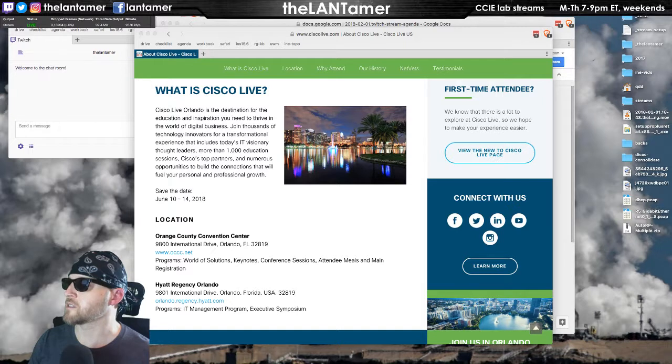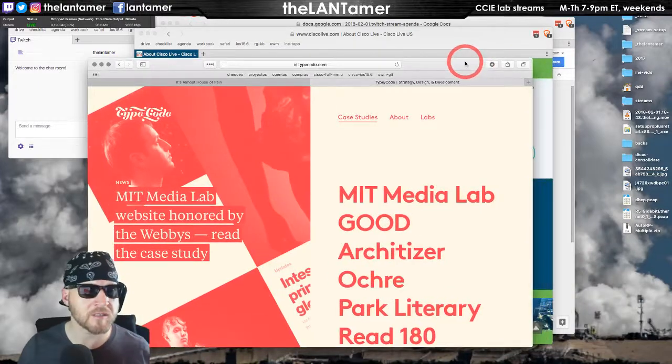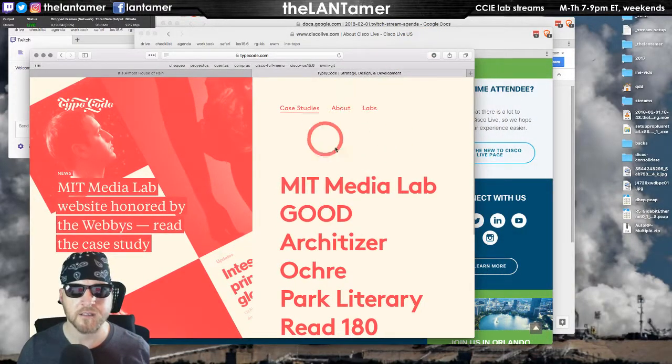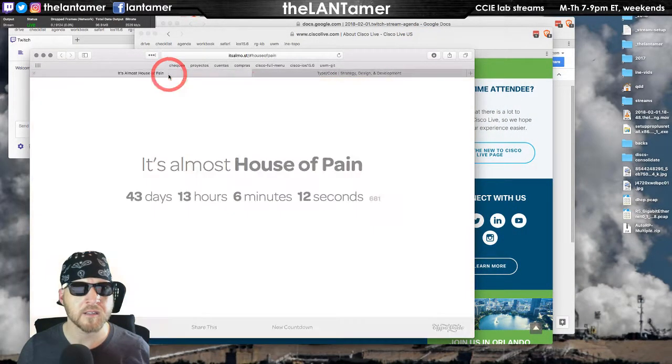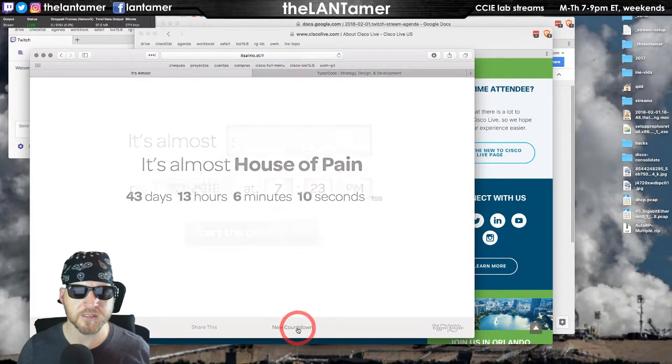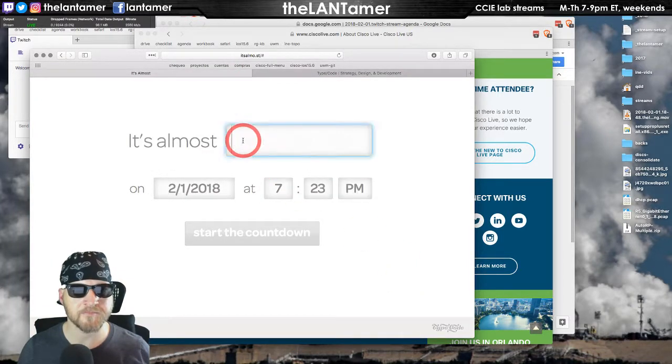There's this clock service out there where you can create your own countdown clocks. There's this site I want to try out. What's it called? Someone gave me the name. So yeah, I'm going to do a new countdown.